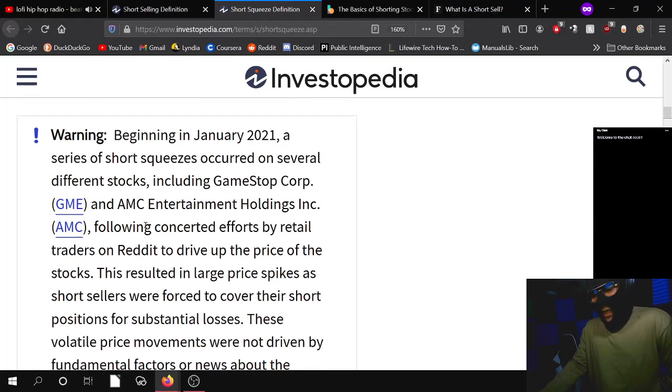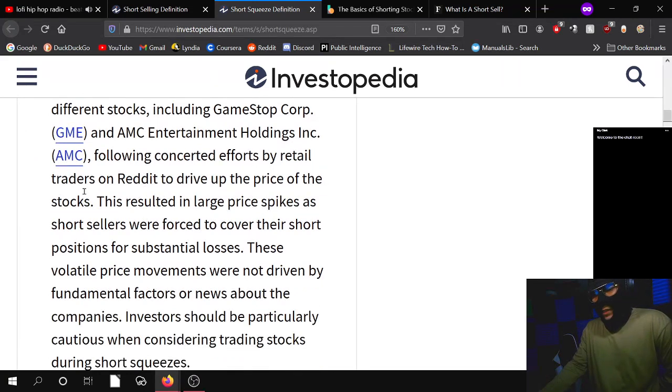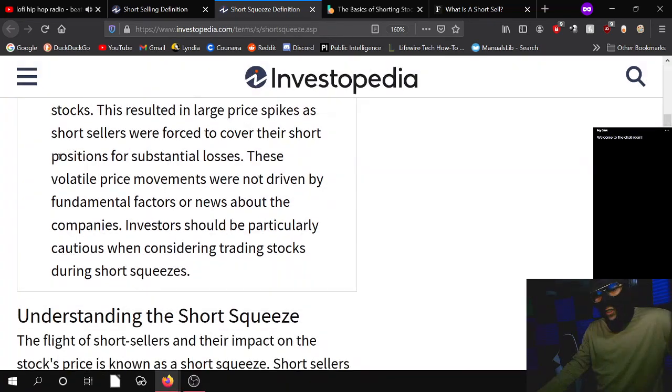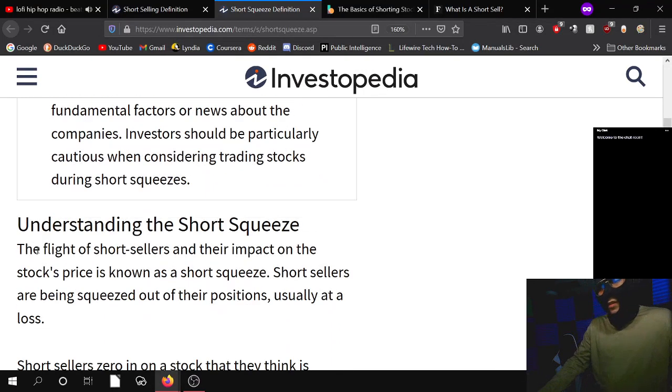Following concerted efforts by retail traders on Reddit to drive up the price of the stocks, this resulted in large price spikes as short sellers were forced to cover their short positions for substantial losses. These volatile price movements were not driven by fundamental factors or news about the companies. Investors should be particularly cautious when considering trading stocks during short squeezes.